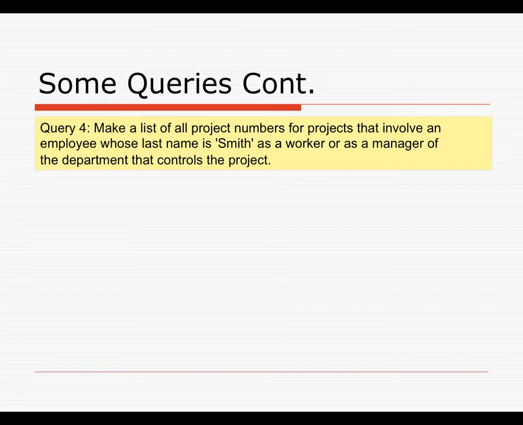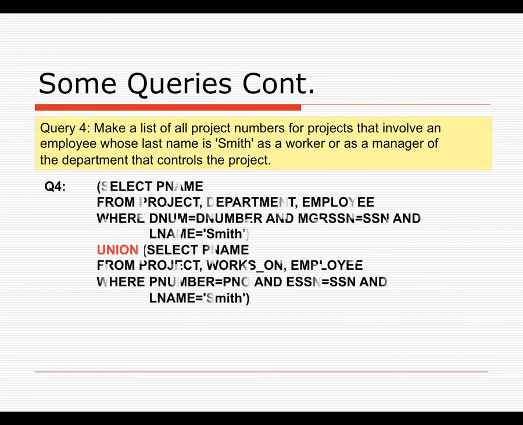Another example, if I want to make a list of all project numbers for projects that involve an employee whose last name is Smith, who's both a worker and a manager of the department that controls the project. Again, we're getting even more specific, and this is what you're going to see as you're looking at the types of queries and types of reports that will need to get run.